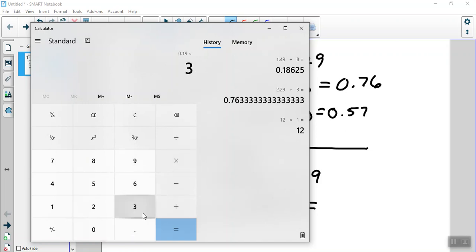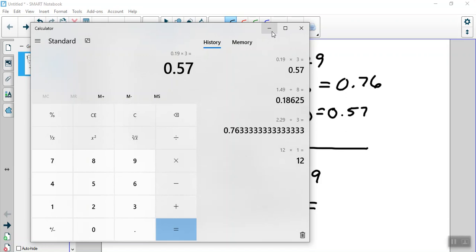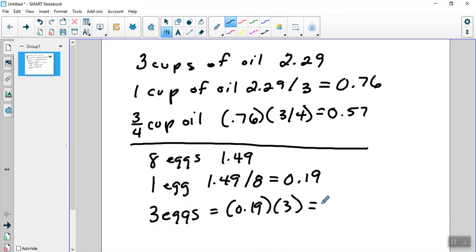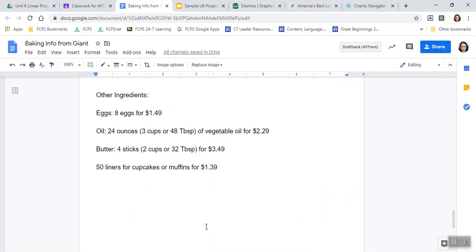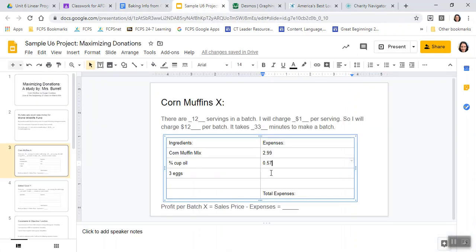0.19 times 3, 57 cents for this as well. That's interesting. That won't normally happen to you. Alright, so 57 cents also for my eggs. Alright, so total expenses, that's how much it will cost to make this recipe.